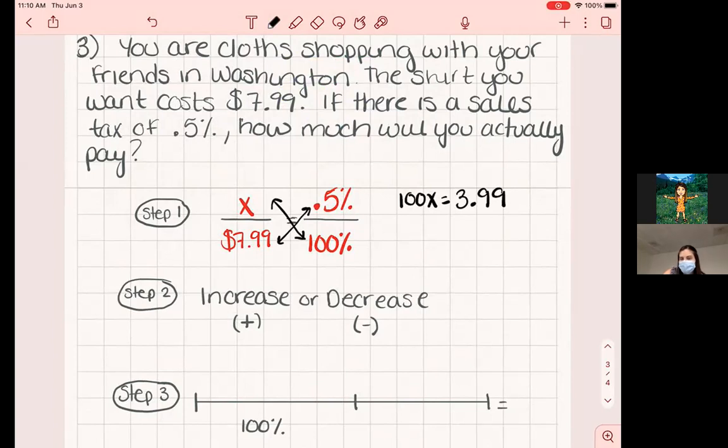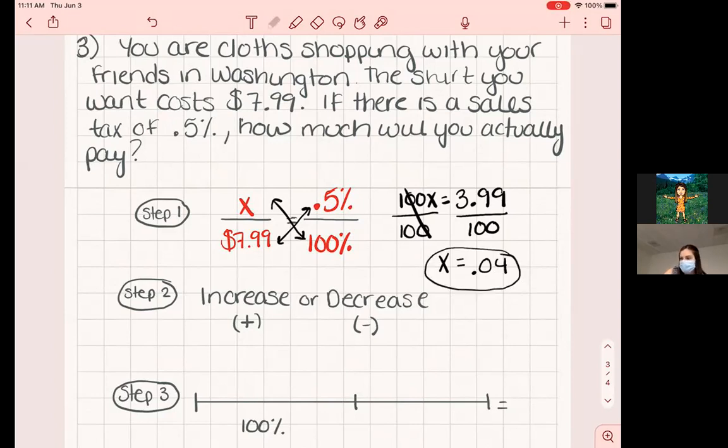You could have rounded to 4. I'm going to leave it at 3.99. Divide by 100 to get x by itself. What I do to one side, I do to the other. 100s are gone. X now should equal 0.03. And maybe we'll round that to 0.04 because it's money. We only need to take it to 2 decimal places. So there is the extra tax.